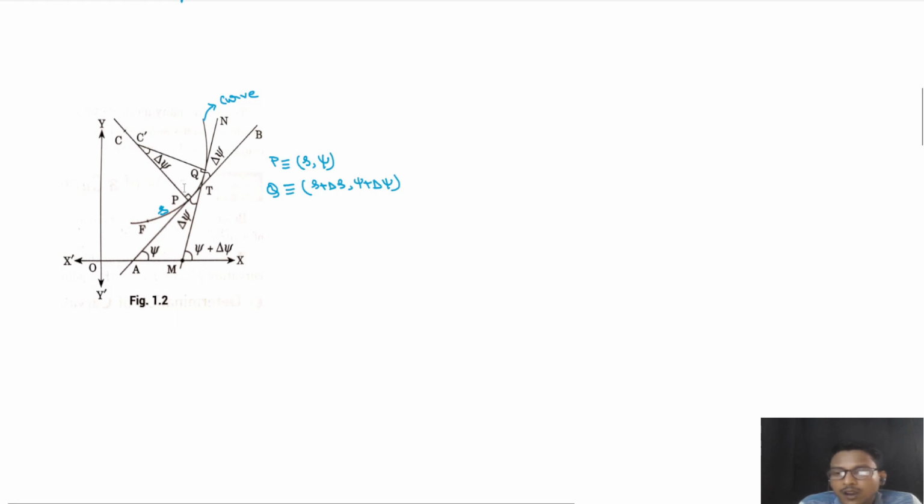Now see, whatever the circle of which the small portion PQ of the curve is a part, the center of that circle will lie on the normal line at P. So that's why we have drawn the normal at P. And similarly, the center will also lie on the normal line at Q, because we are assuming that this small curved segment PQ is a part of that circle, right?